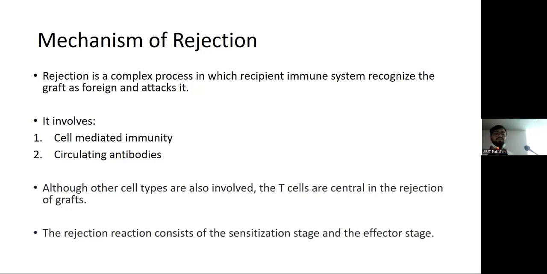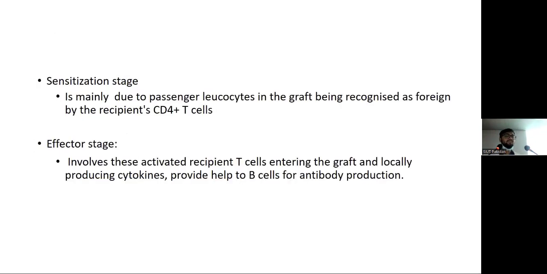The rejection reaction consists of a sensitizing stage and an effector stage. The sensitization stage is mainly due to the presence of antigen-presenting cells. The graft is recognized as a foreign object by the recipient CD4 cells. Whereas in the effector stage, the activated recipient T cells enter the graft and locally produce cytokines and help B cells to produce antibody.